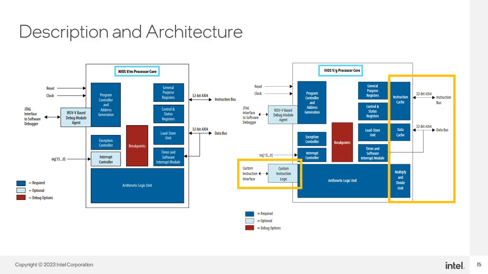Nios V-M processor core, which is a microcontroller, has the architecture shown on the left: program controller and address generation, exception controller, ALU, general purpose registers, control and status registers, as well as a load and store unit, a timer and software interrupt module. Notice in red the debug options.